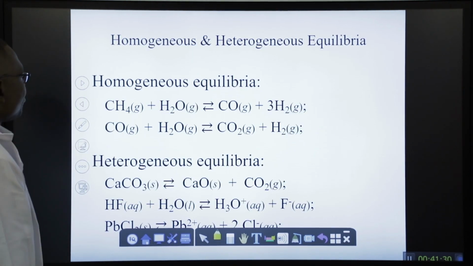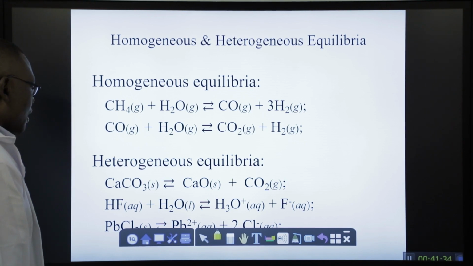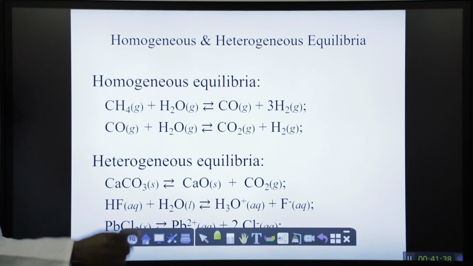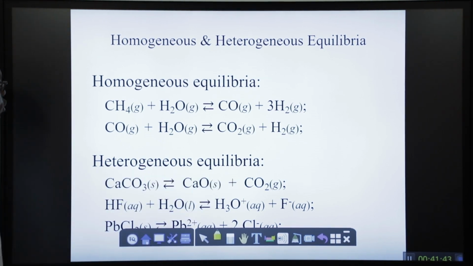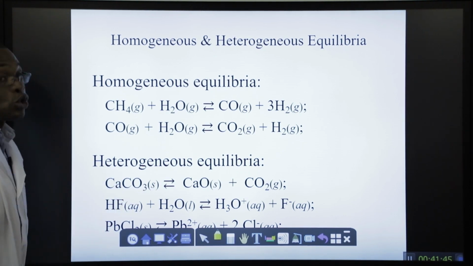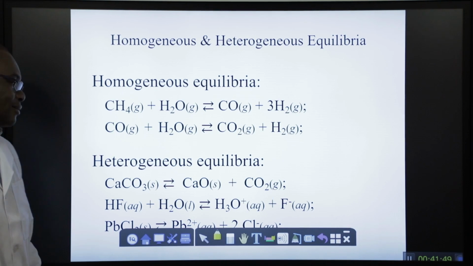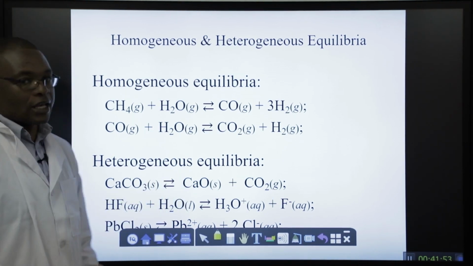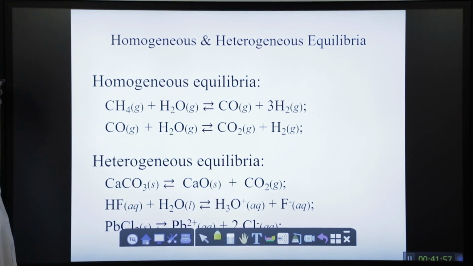But what I want you to master is how you bring together quantities which are not uniform. For example, we've got a heterogeneous equilibrium in which calcium carbonate, a solid, breaks down to give you calcium oxide, a solid, and carbon dioxide, a gas.